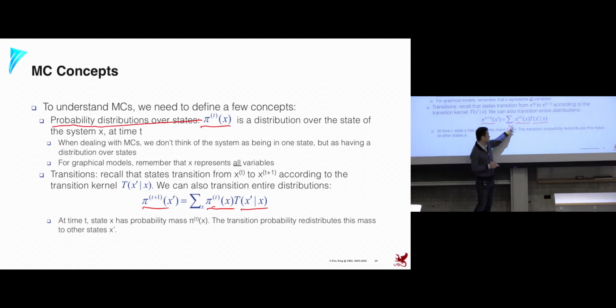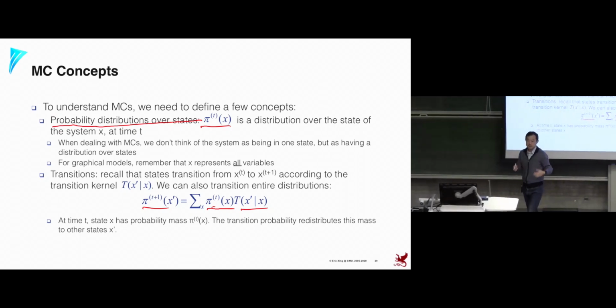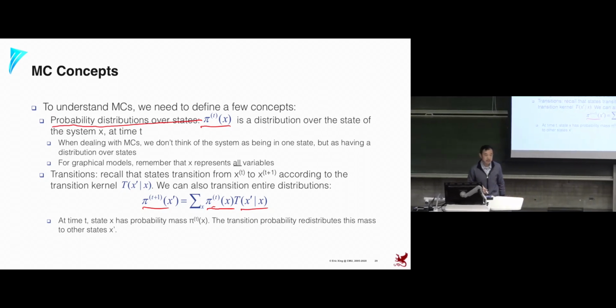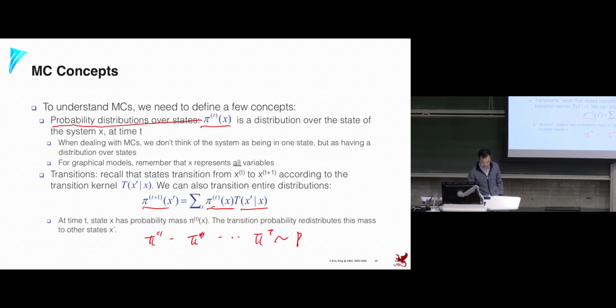Therefore, you marginalize them out, and then multiply by the transition probability of the next state. That gives you the equation for transitioning from one distribution to another. And we are hoping that pi of 1, pi of t, and eventually pi of capital T will be close to p of x. That's the hope. Now let's see if we can establish that.